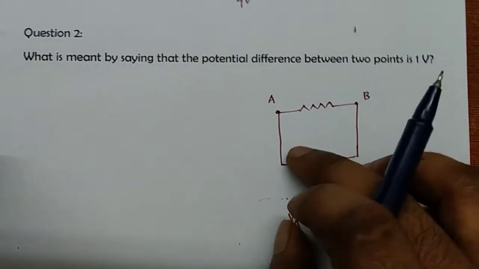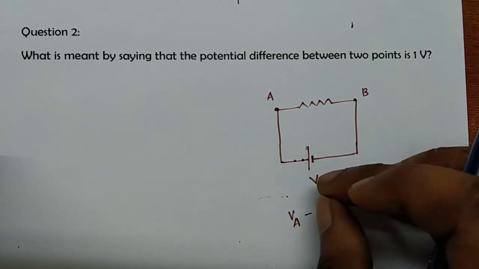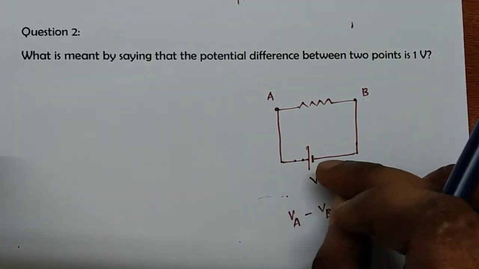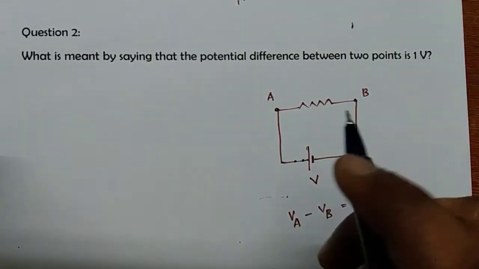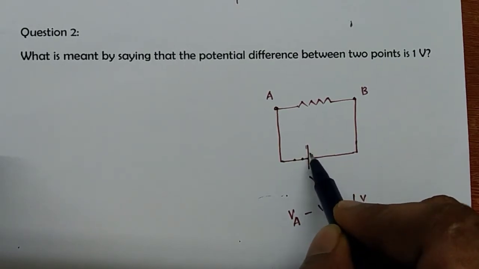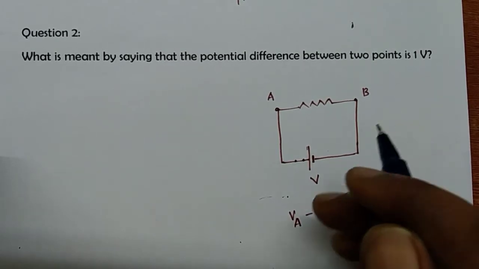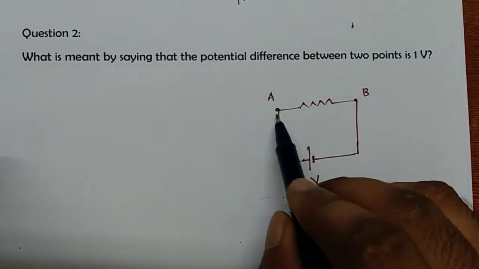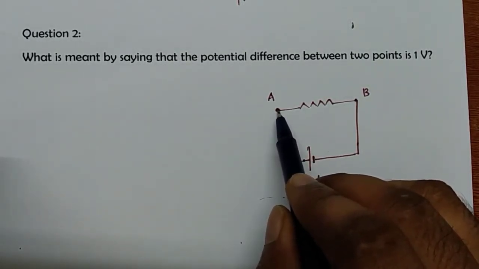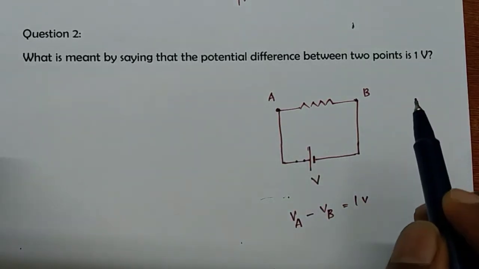So the battery terminal is doing some work in pushing the charges, right? How much work does this battery have to do for pushing the charges from here to here?